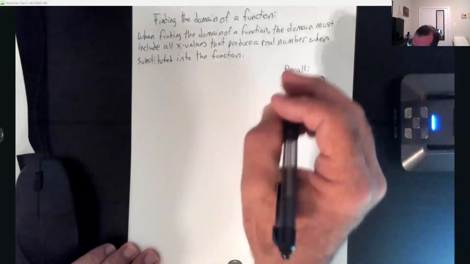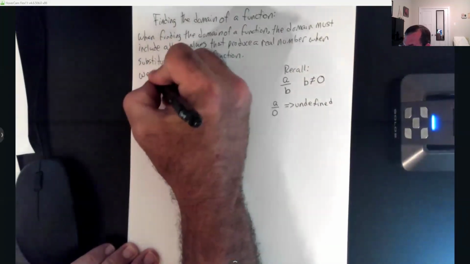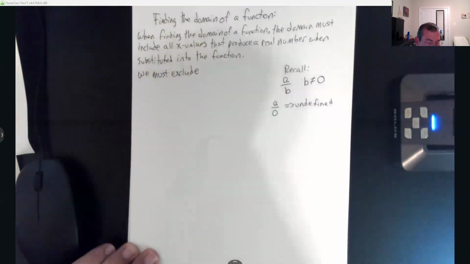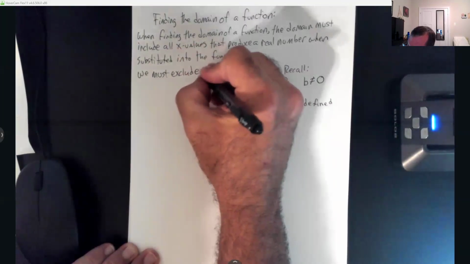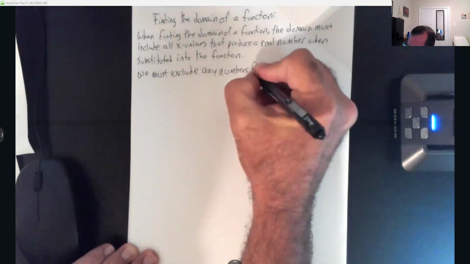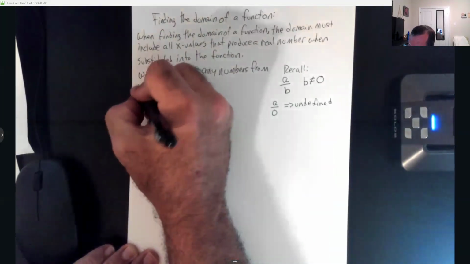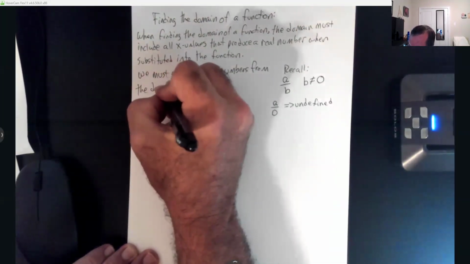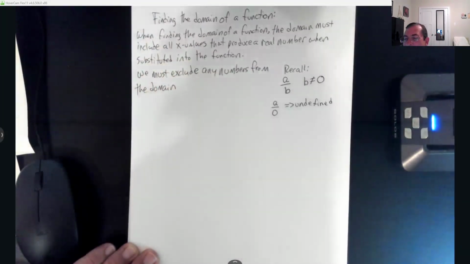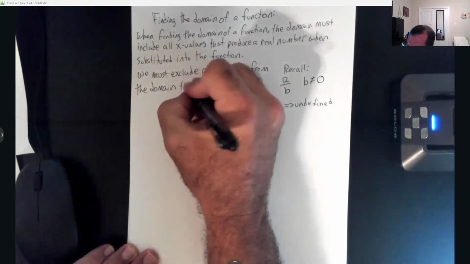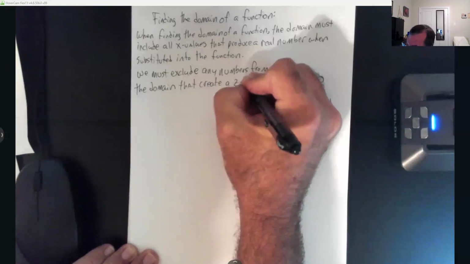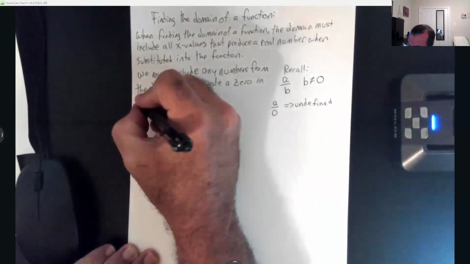So what this means is we must exclude any numbers from the domain that create a zero in the bottom of a fraction.